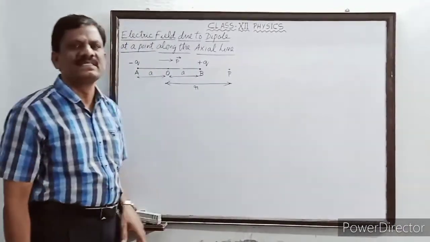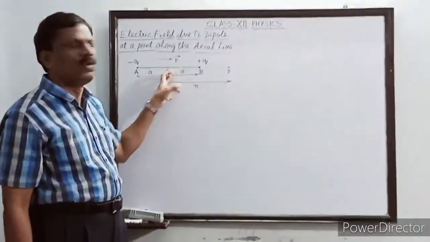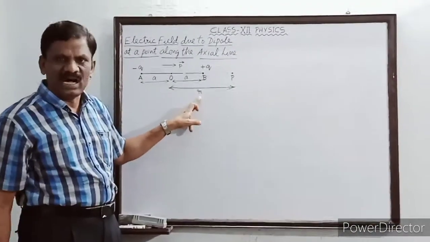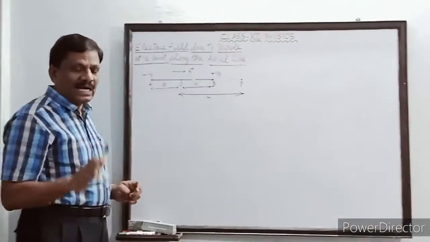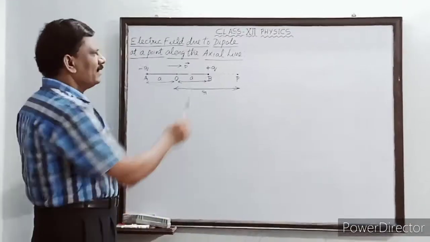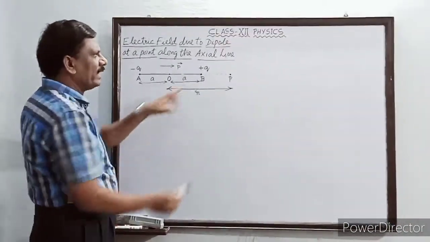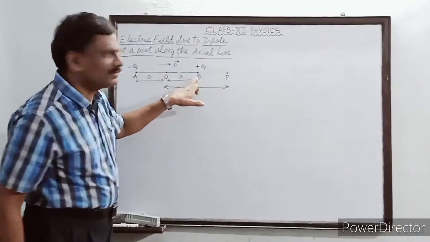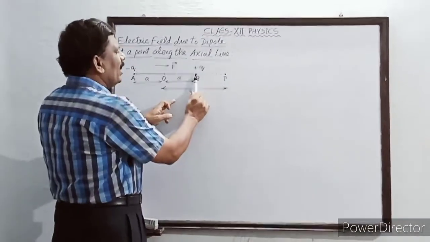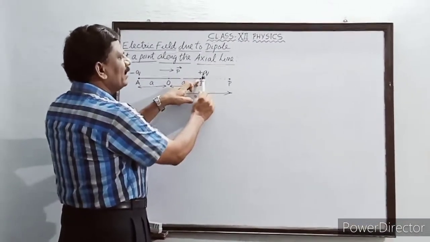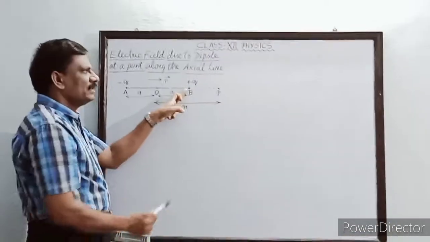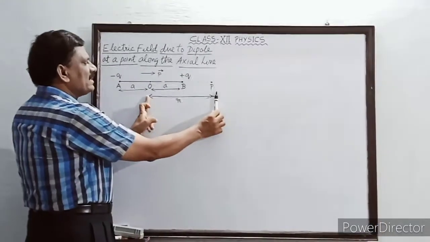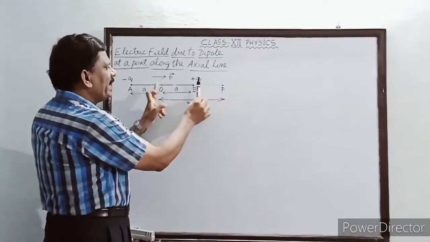So here the distance between the midpoint of the dipole O and the point P is taken as r. Carefully look at the picture and understand where the plus q is located, at point B. So what must be the distance between the positive charge plus q and the point P? It must be equal to r minus a.